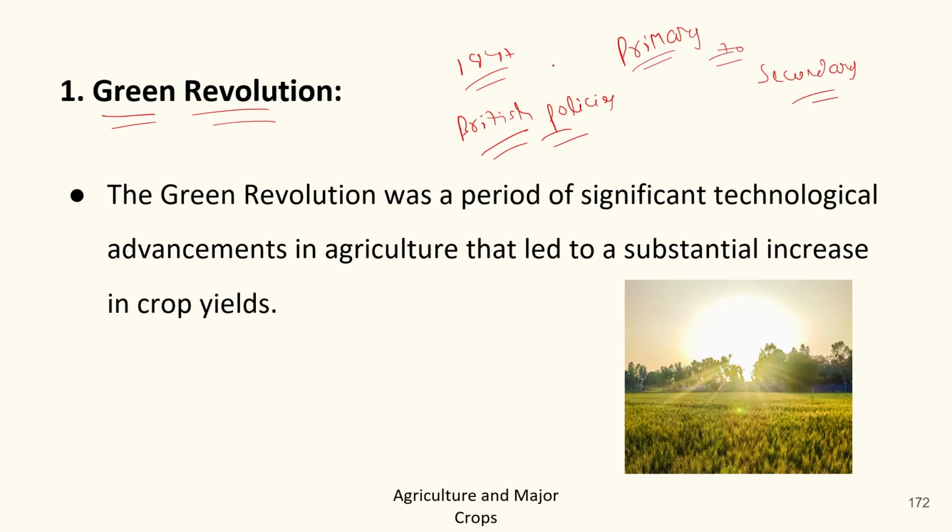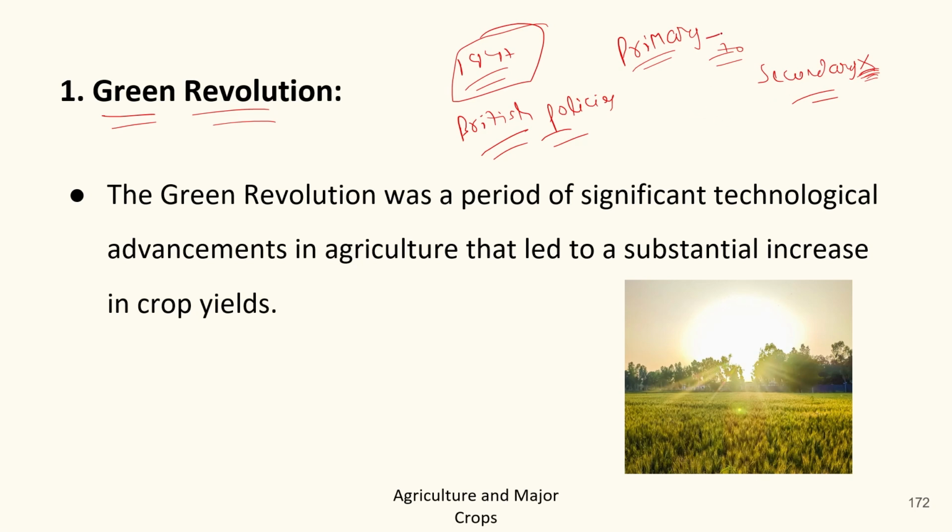Remember, I am talking from the 1947 point of view. We were in a transition zone from primary to secondary sector because of the British policy, and this secondary sector was not so developed at this time.